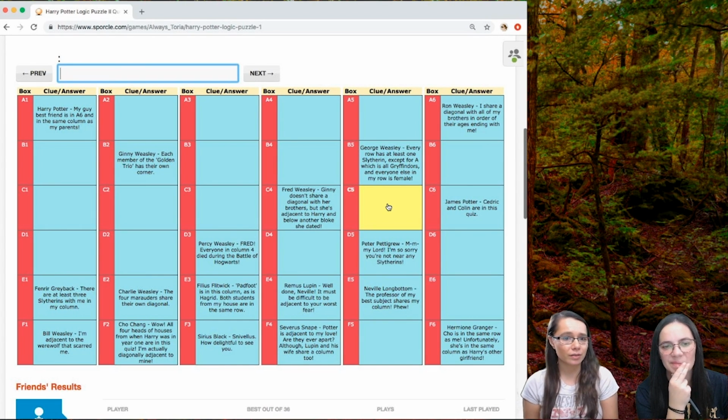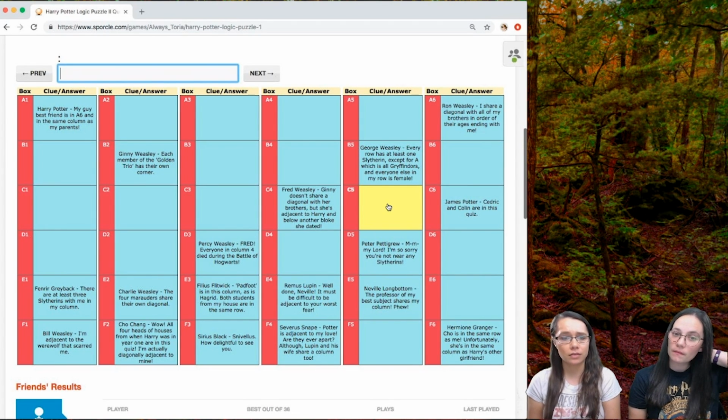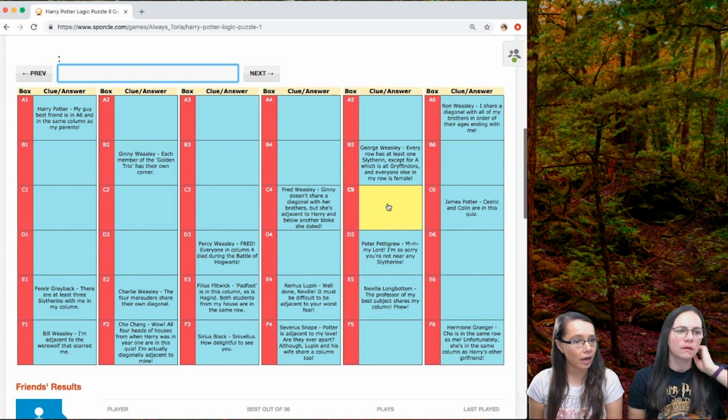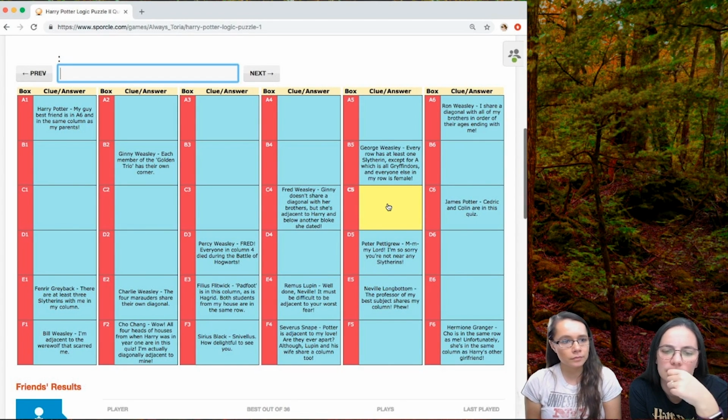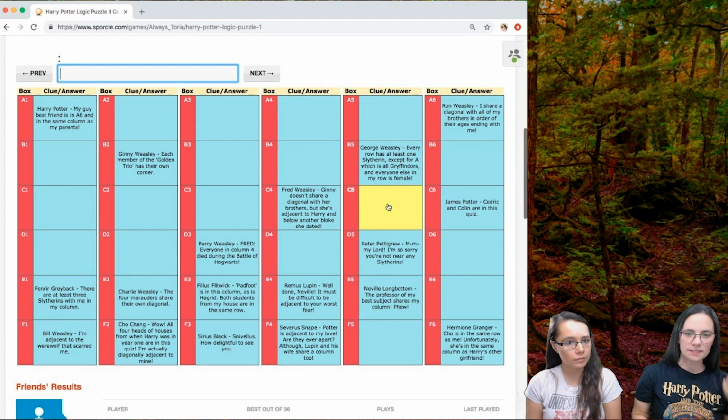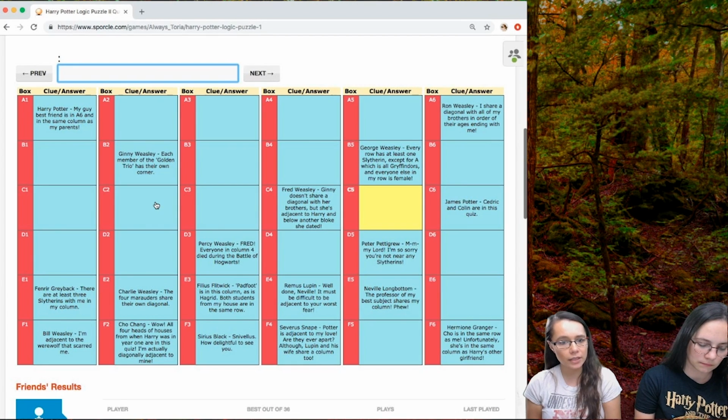Maybe? I don't know. Bellatrix died at the Battle of Hogwarts. So we know that Sprout is going to be A5 or C5, right? Yes.